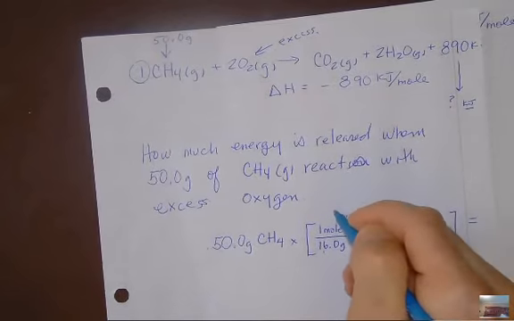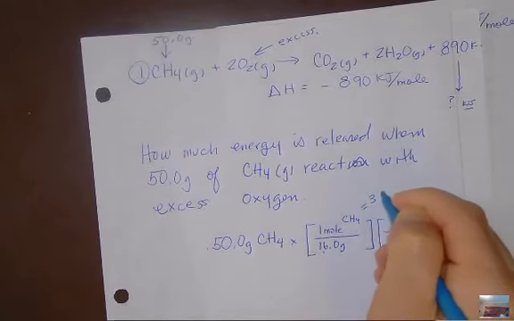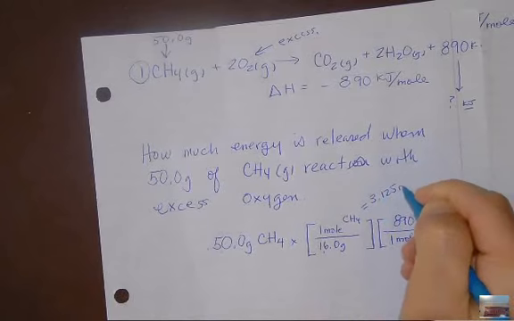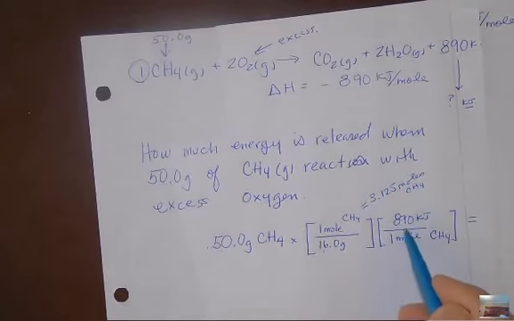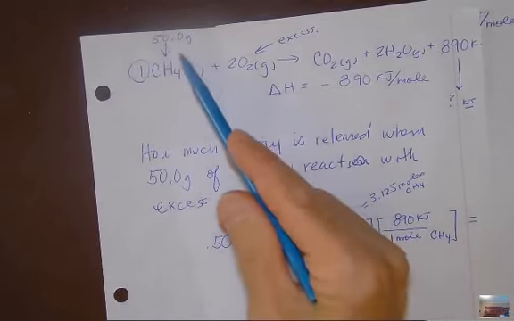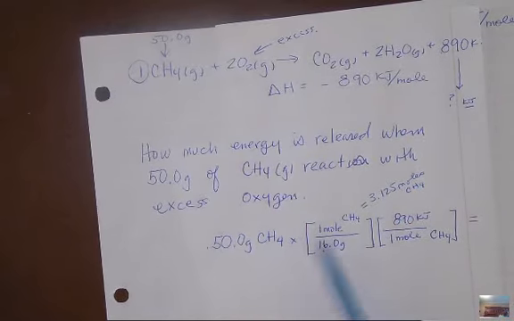So this is 3.125 moles methane, times 890 will give me how many kilojoules for 50 grams for that amount, right? So it's going to be this number times that number. So you could have just gone straight across, 50 divided by 16, take that answer, times 890. Okay, so you get a lot.